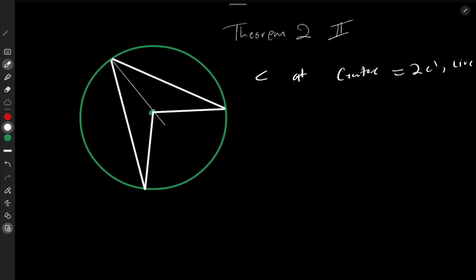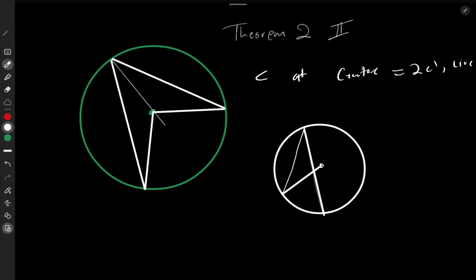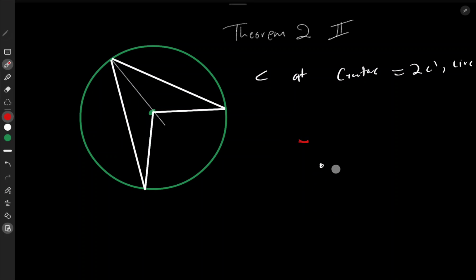It can be any configuration. Let me say this is the shape. They're saying that this angle in the center should always equal twice the angle here. It doesn't look pretty good, but it's always like that.